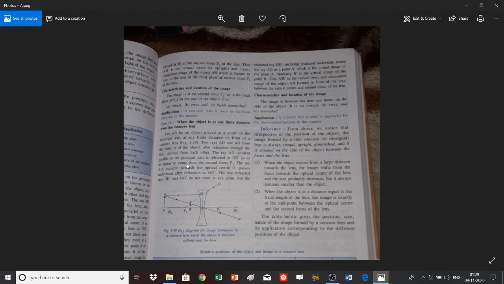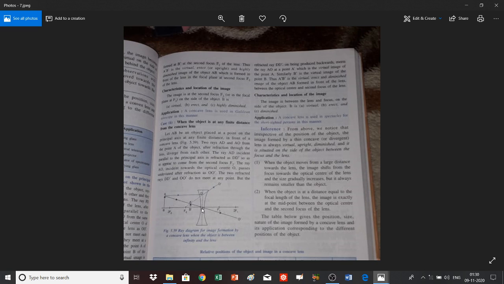Now go to the different cases that we discussed. In the case of convex lens, all these things will be discussed in the case of concave lens also. The first one is when the object is at any finite distance from the concave lens. Consider that in this case the object is at a distance which is not infinite, it is finite, which can be measured from the concave lens.